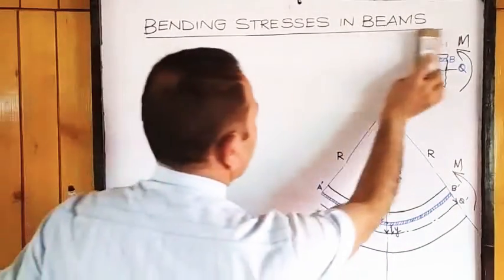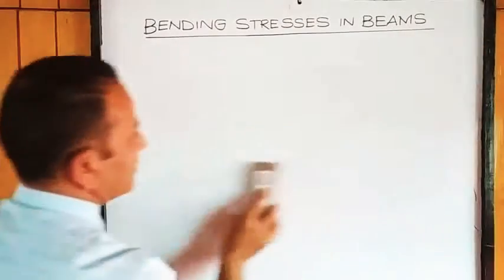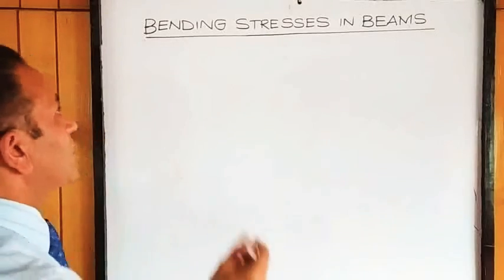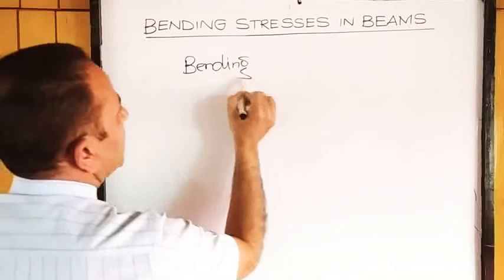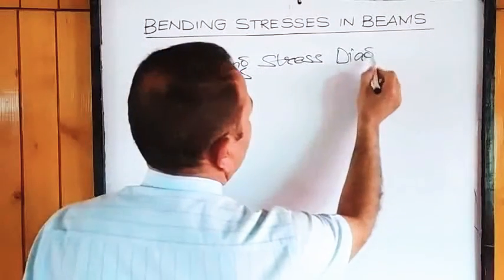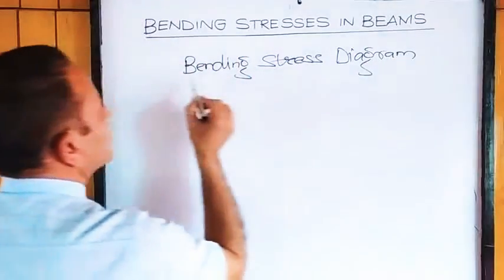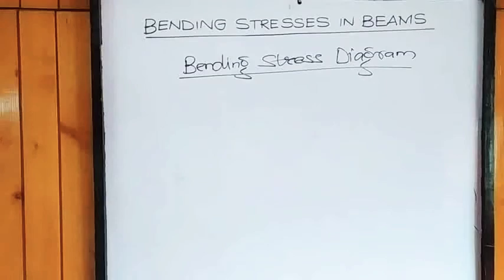Okay, now how this is calculated and what is its variation? That variation we call bending stress diagram. Variation of bending stress along the depth of beam is the bending stress diagram.